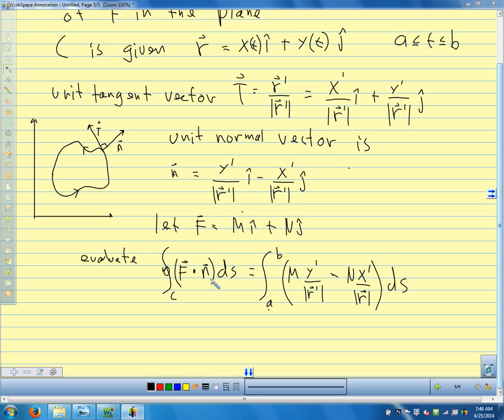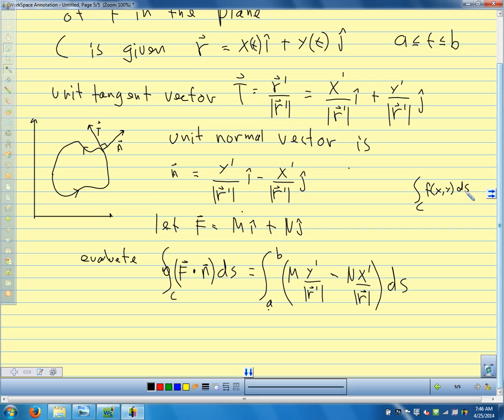What's our quantity when we evaluated scalar line integrals? What do we substitute for ds in terms of our parameterization? So if we wanted to evaluate the line integral of f of x, y ds, we parameterized our curve.